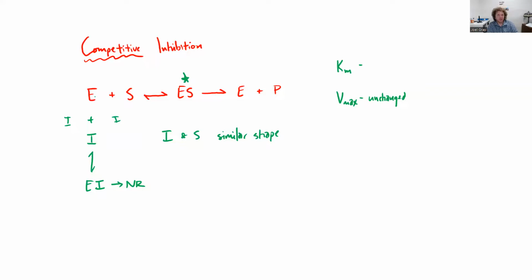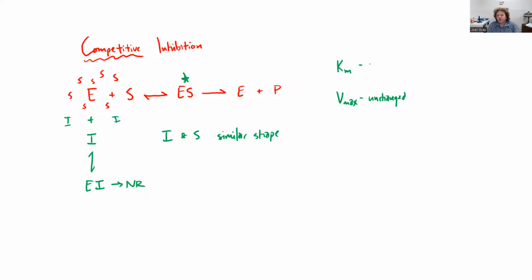If your enzyme is equally apt to bind substrate or the inhibitor, and there's more inhibitor present, it's going to bind the inhibitor. On the contrary, if you add tons and tons of substrate, what's the likelihood that you're going to form that ES complex? It's going to go up. So if you increase the substrate concentration, you can increase the likelihood of that ES complex forming.